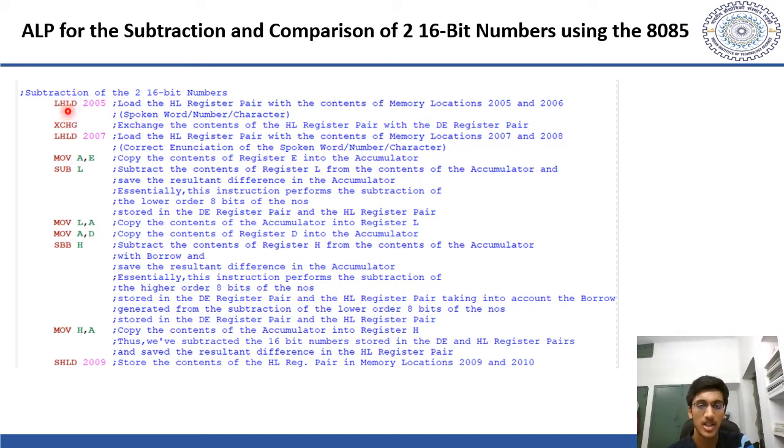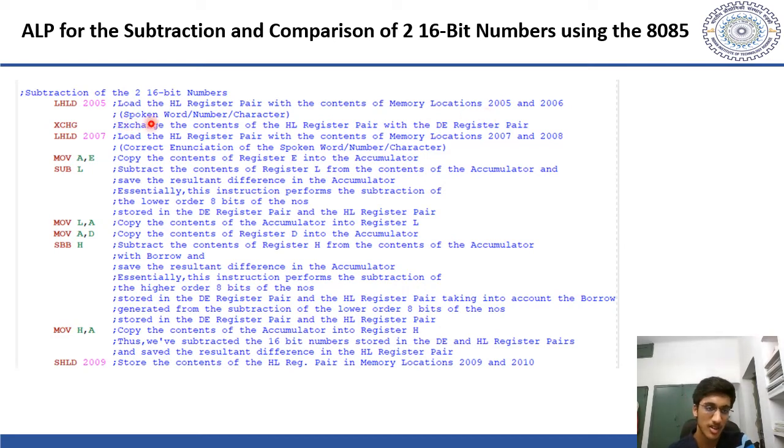In this particular case, the lower order memory location would contain the lower order byte, which would then be stored in the lower order register, that is the L register, and the higher order memory location would contain the higher order byte, which would go into the H register.